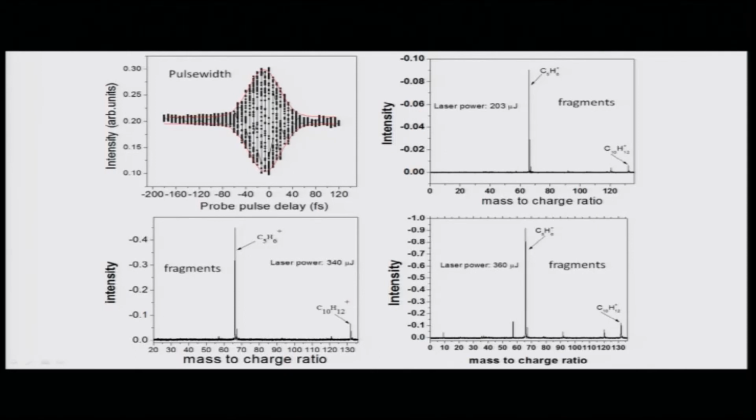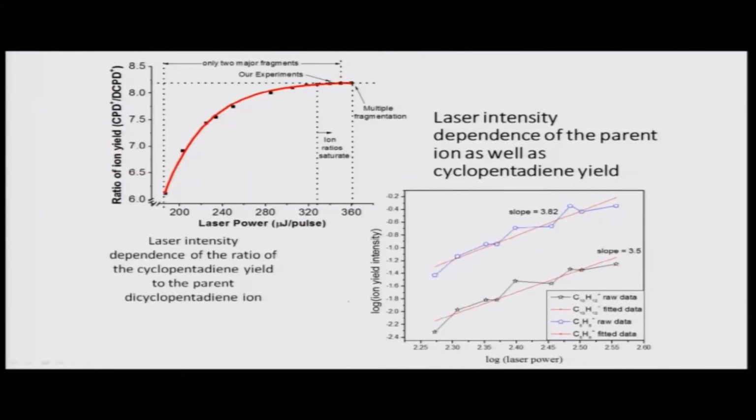But if it is done in such a way that only the two fragments, the monomer and the dimer, appear, then it is easy to do these experiments. So, we basically set up the experimental condition in such a way that we were able to look at only the two major components that are of interest in this particular kind of work.